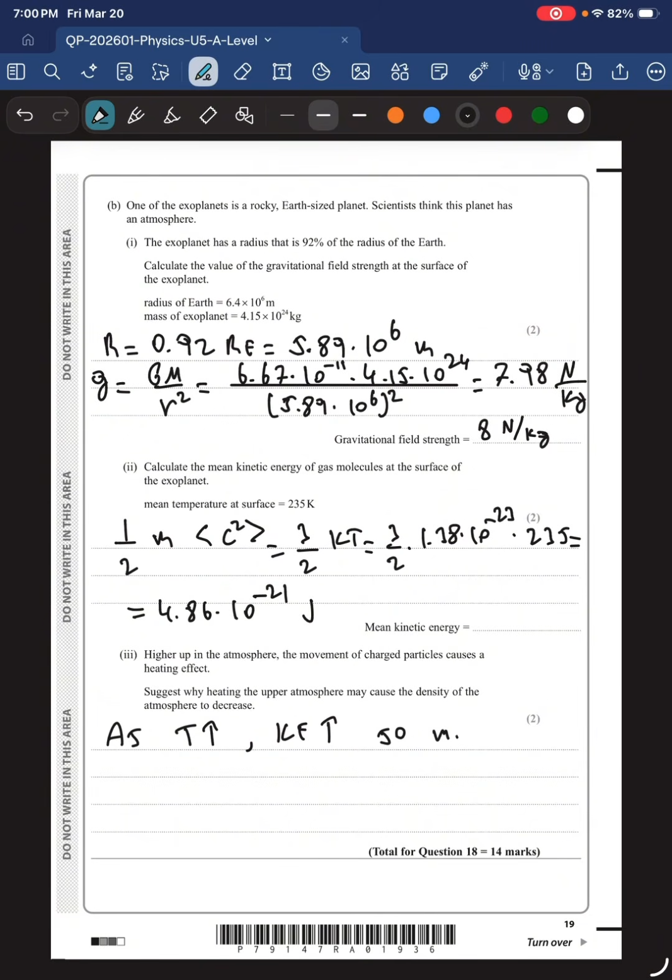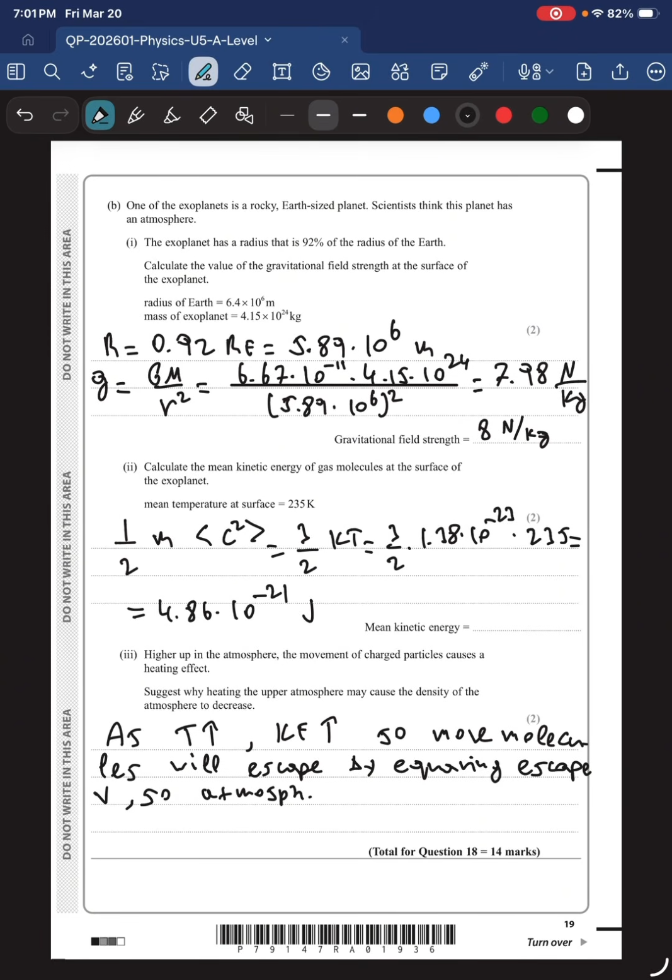So more molecules will escape by acquiring escape velocity, so the atmosphere becomes less dense.